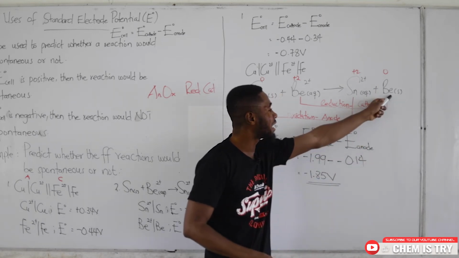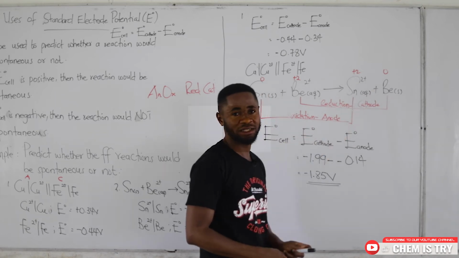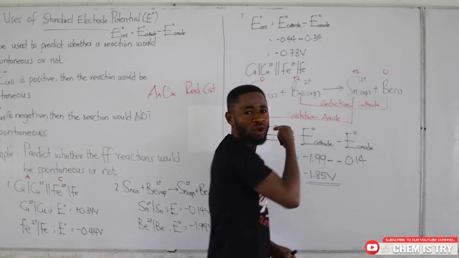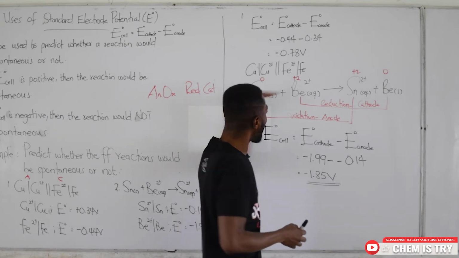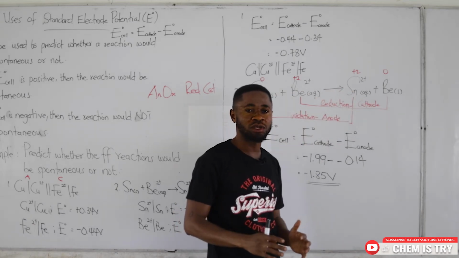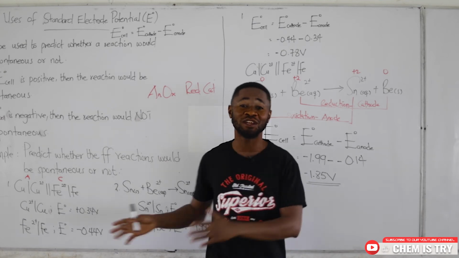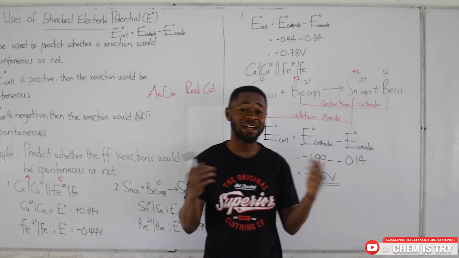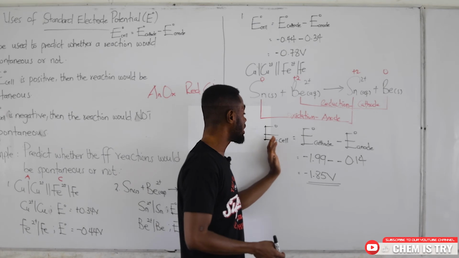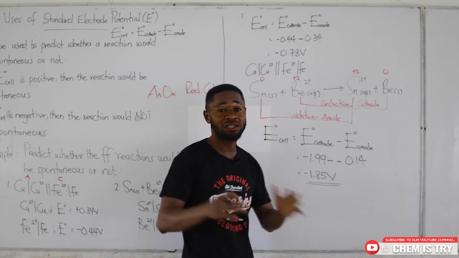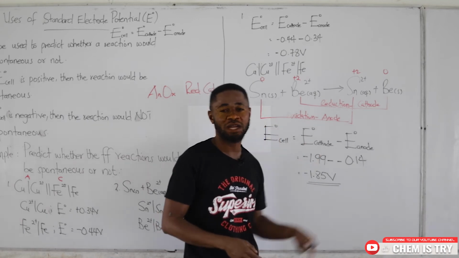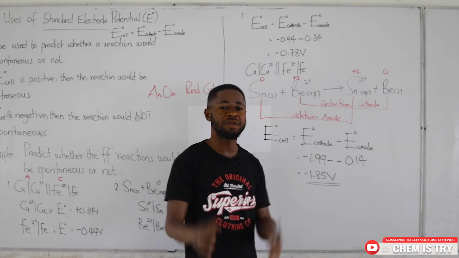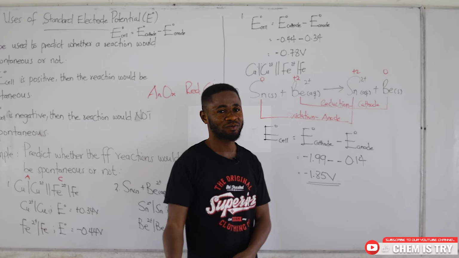So beryllium will have to give electrons to tin. So it is the reverse of the equation that will be spontaneous. But the forward reaction is not going to be spontaneous. And in the question we're given the forward reaction. That tells us that since the EMF of the cell is negative 1.85 volts, it's negative, so the forward reaction will not be spontaneous.